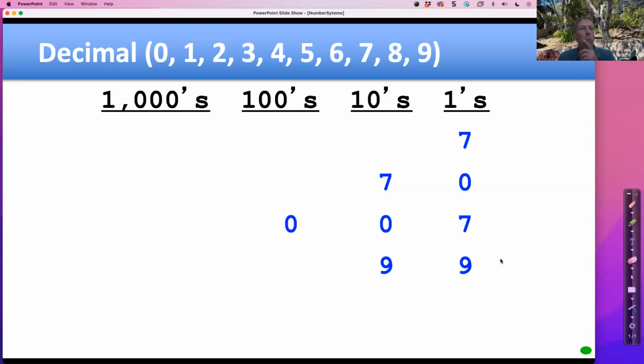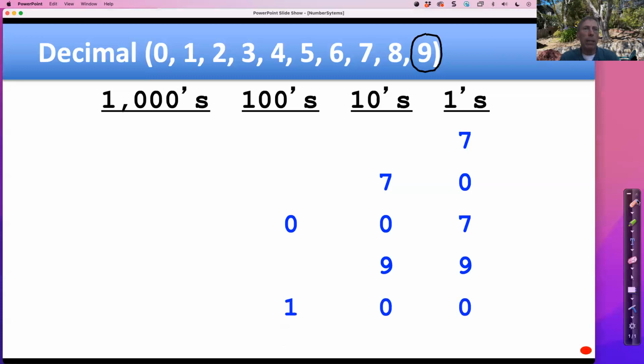Now, what if I added 1 to that value? What happens? Well, as you notice here, 9 is our last digit. So if I added 1 to this number here, 99, I actually have to start over here. Let me go ahead and do that. I'll show you.